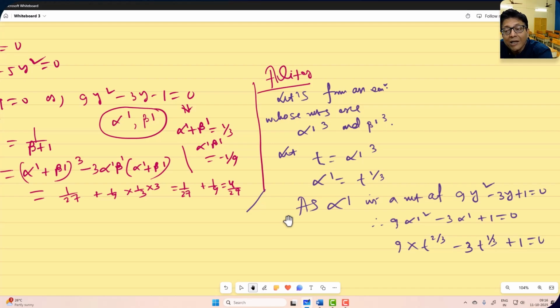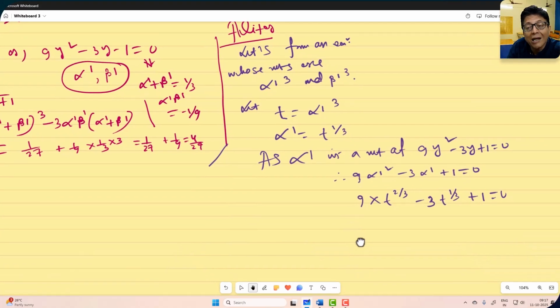What you have to do there? You have to remove the cube root from there. For that you need to make its cubing. So you write 3 t to the power 2/3 minus t to the power 1/3 equal to minus 1/3, divided both sides by 3.